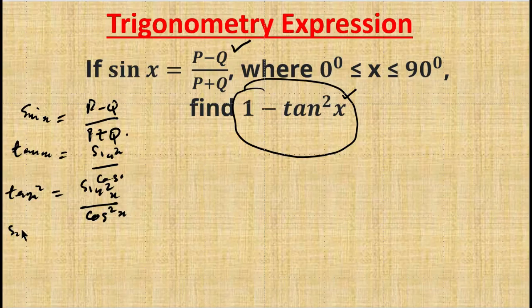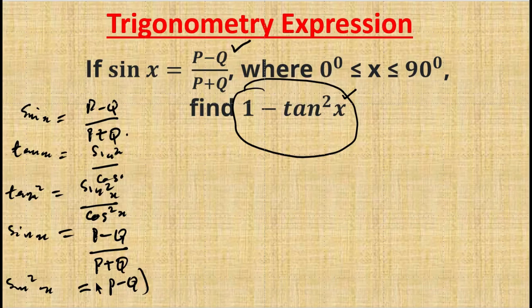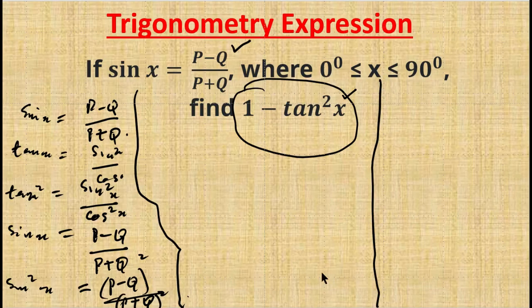Now, I have sine x to be the same thing as (p minus q) over (p plus q), so that sine squared x will be the same thing as (p minus q) all squared over (p plus q) all squared. I've taken the square of both sides. I'm trying to manage my space because it's a long one.